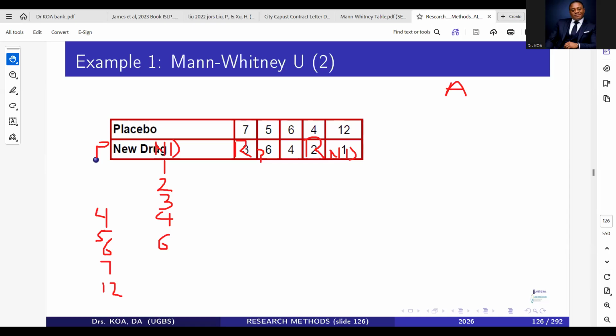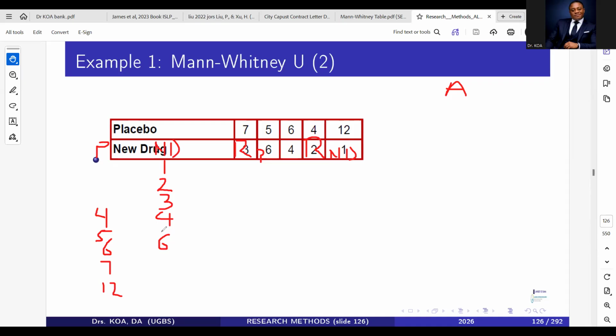Is there a reason why we didn't write the 4 at the top? Yes, please. You could have written it at the top. There's no problem. The only thing is that it helps you to know that we are on the same level. The 4 is appearing here. So that you see them together with your eye. But it's okay to be doing it and pushing it all up under the placebo.